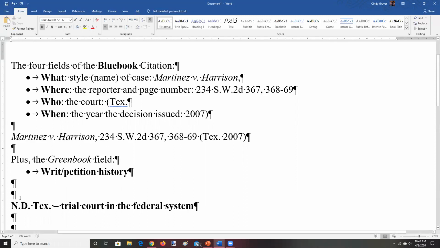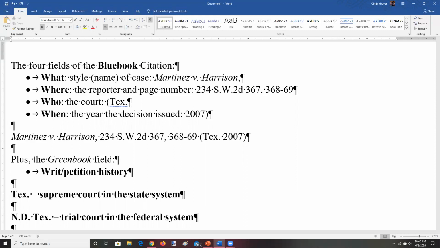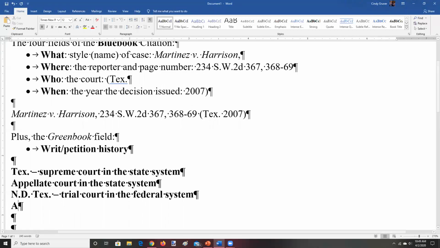And this, of course, is the Supreme Court in the state system. Those are the easy ones. The ones that are harder are going to be the appellate court in the state system and the appellate court in the federal system.